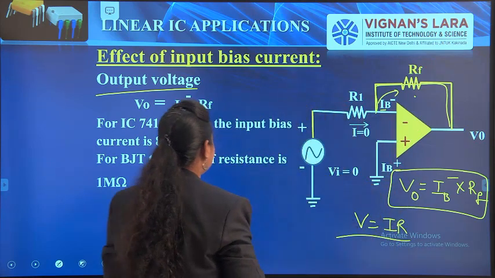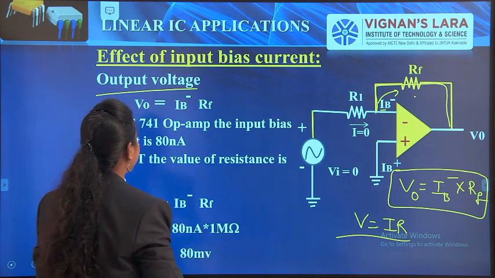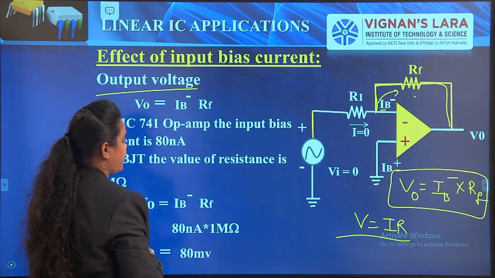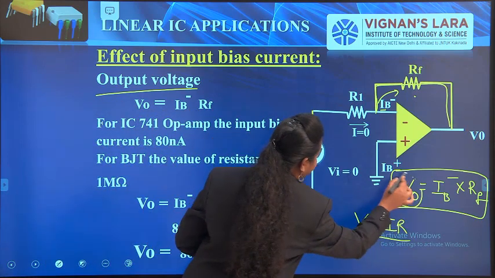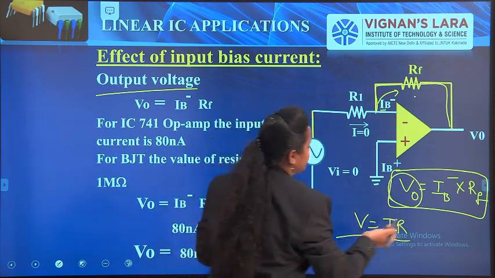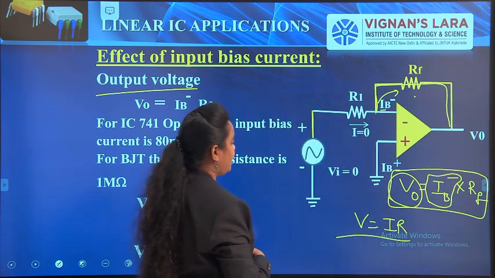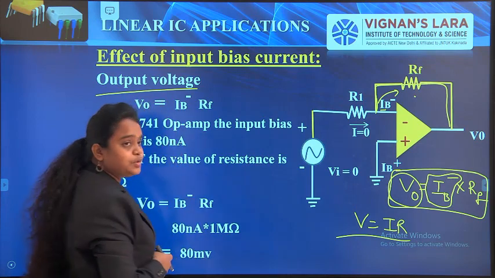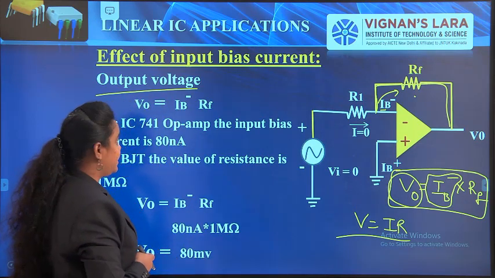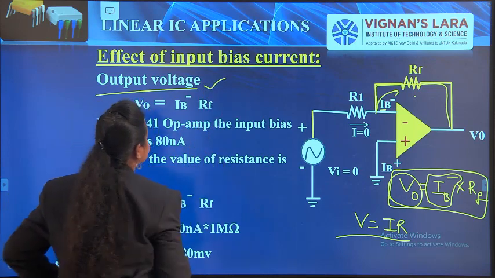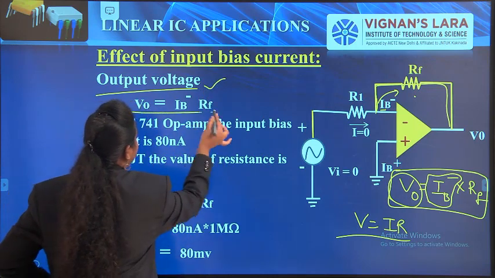Now let us see the effect of an input bias current on the output voltage in the circuit clearly. Here we have the output voltage V naught equal to IB minus into RF.